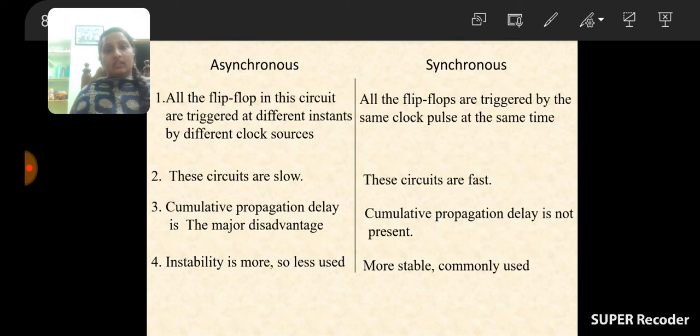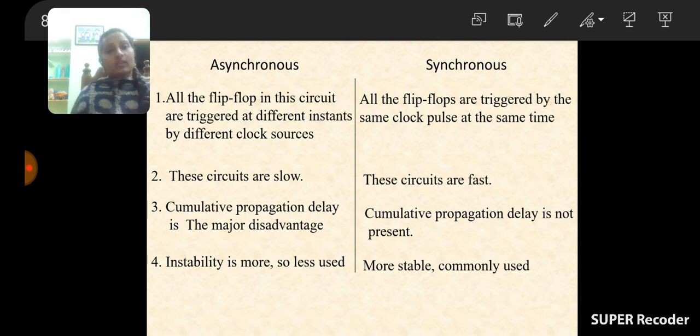In asynchronous, the circuits are very slow, but in synchronous, the circuits are fast. In asynchronous, cumulative propagation delay is the major disadvantage. Already I said that. Why does this delay occur?